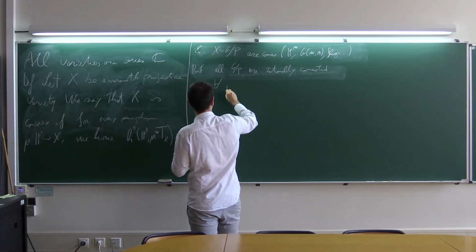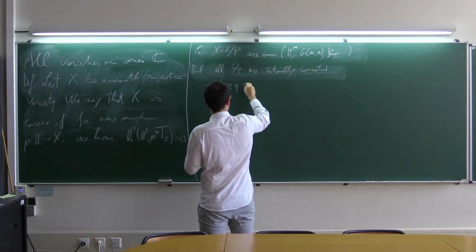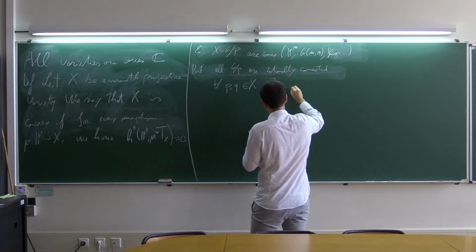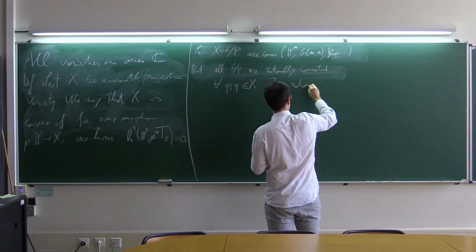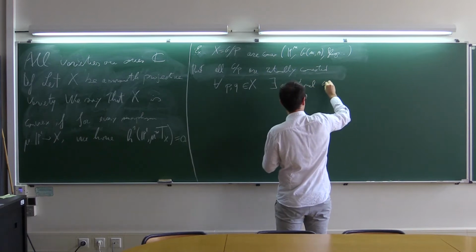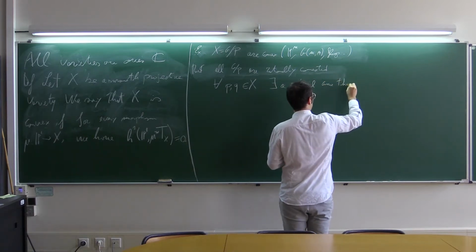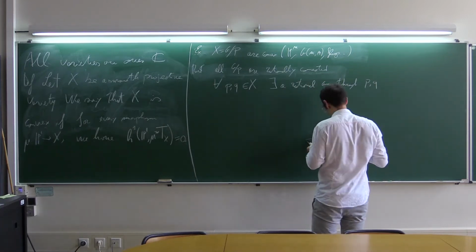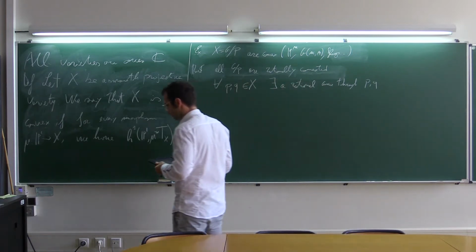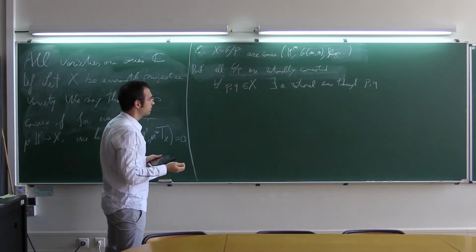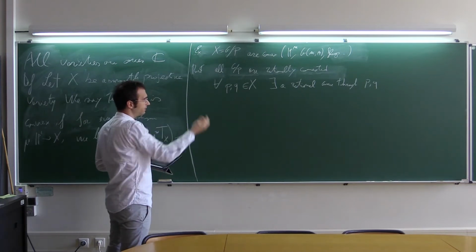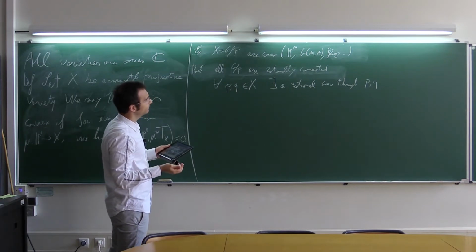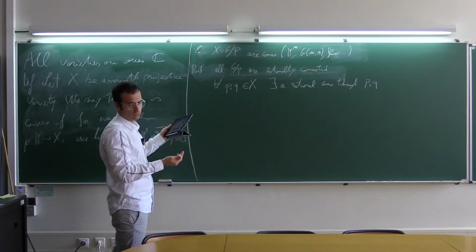That for every P and Q in X, there exists a rational curve through P and Q. So every G sub P is rationally connected. Every G sub P is also convex.